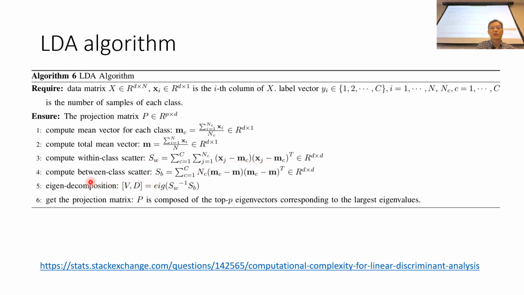And then you compute it between classes. So now you consider the data points from one class to another to compute this variance. And then this eigen decomposition algorithm gets you the projection you want.